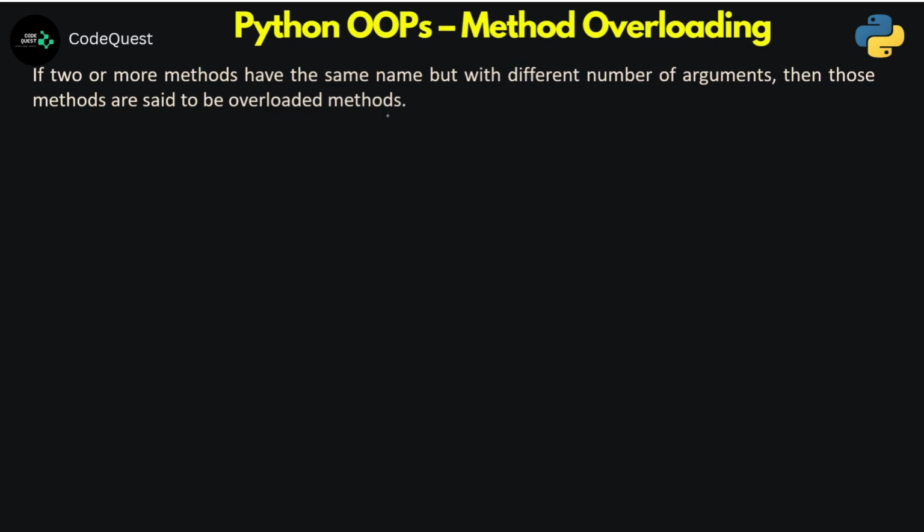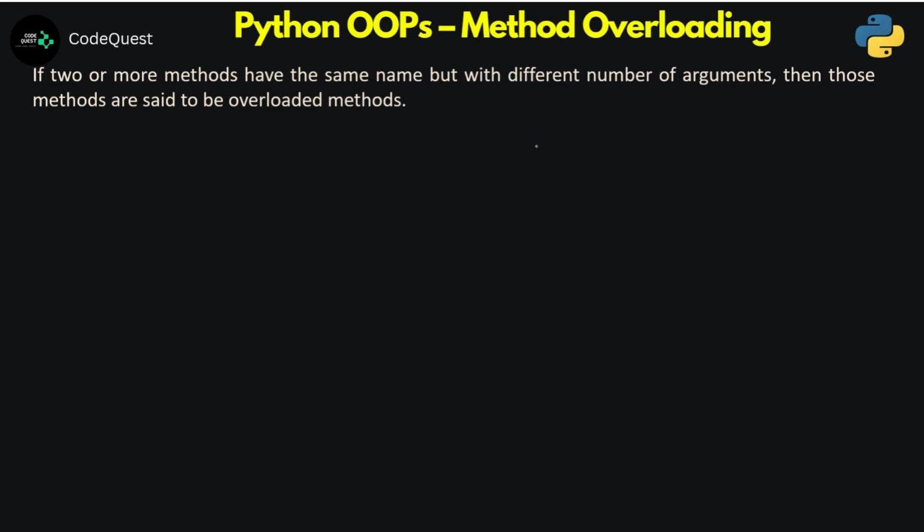But Python does not support the concept of method overloading, because the aim of method overloading is to include multiple methods with the same name. But Python allows you to write multiple methods with the same name with different number of arguments.